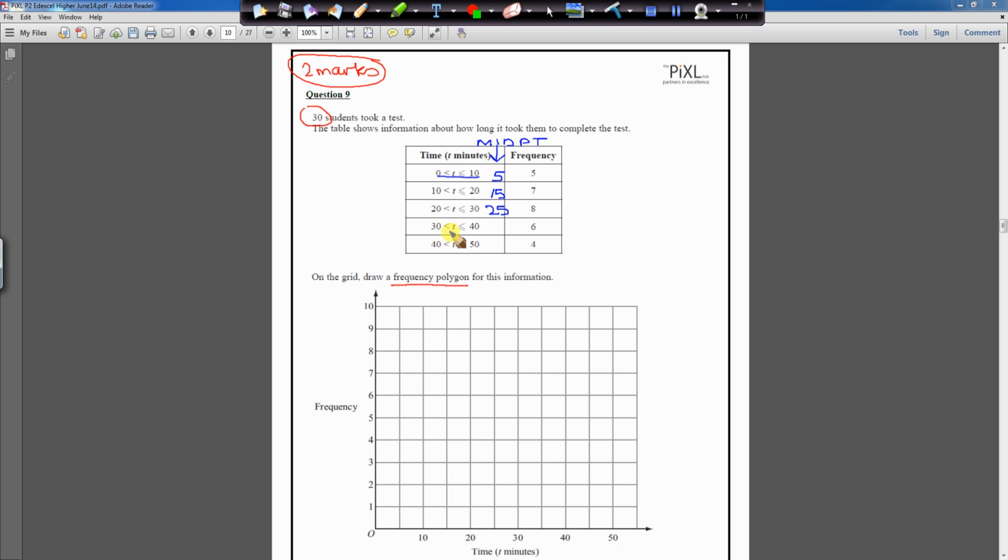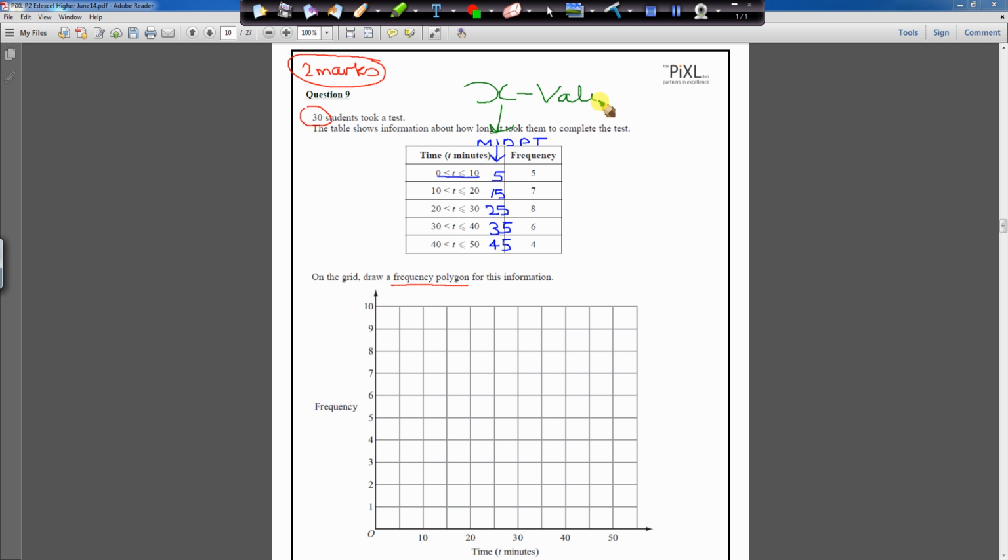Between 30 and 40, halfway is going to be 35. Between 40 and 50, halfway is going to be 45. So what we're doing here is our midpoints are giving us our x values. Okay, so this might be quite a simple type of question.